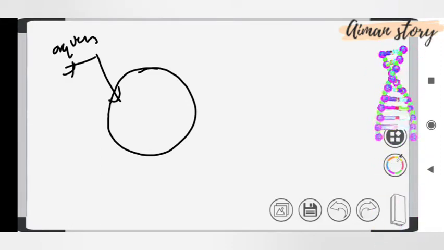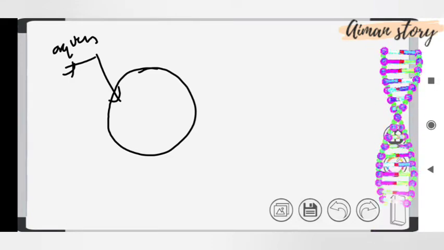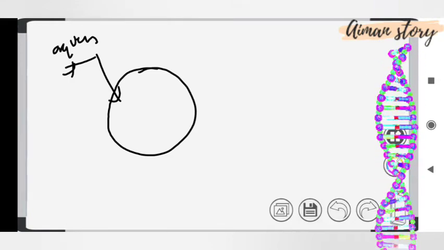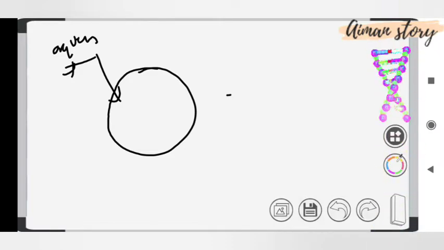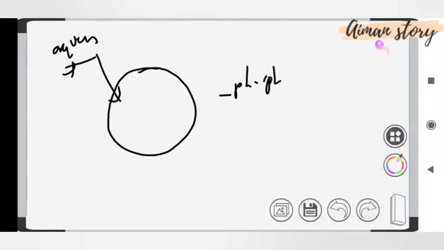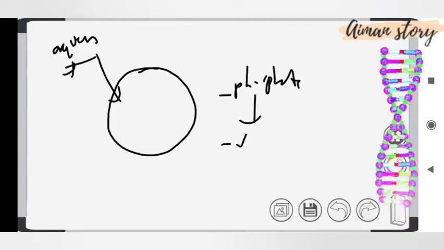The outer part of the DNA structure has a phosphate group, so it will be negatively charged.